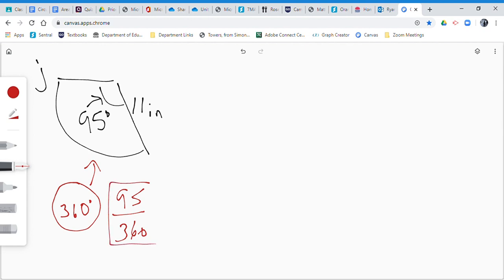So we will use this, that is 95 parts of a full 360 degree circle, and we'll use that in our formula. So now circumference equals, we've got radius, so we'll use 2 pi r times 95 parts of 360 total.